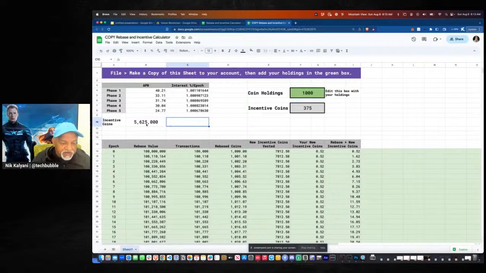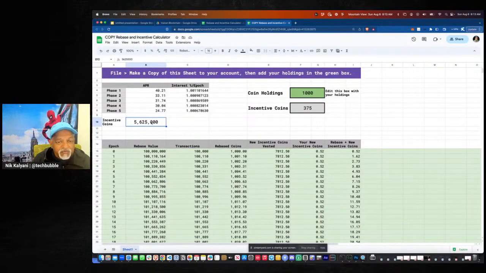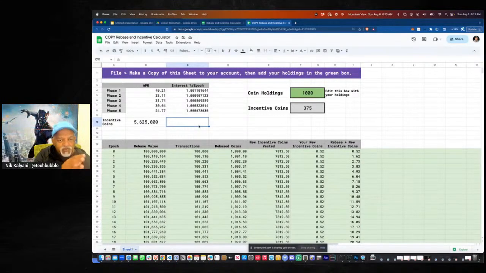Now, the vesting period for this is 24 months. So if you divide this number by 24, you get 7,812. And so that's how many coins move from the vault into the incentive pool and become available to everybody every time there's a rebase.